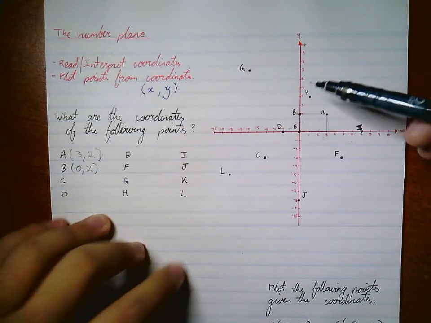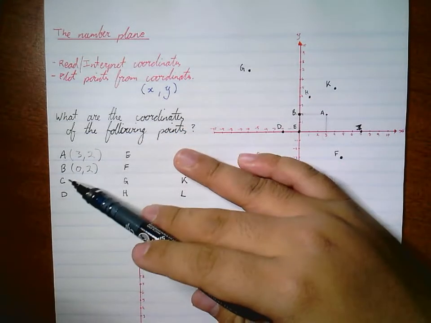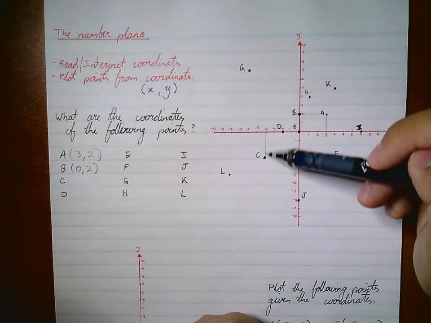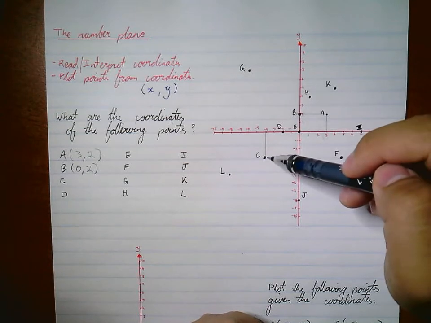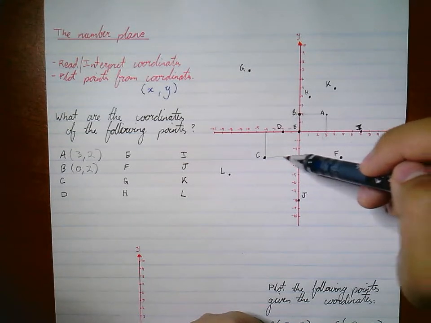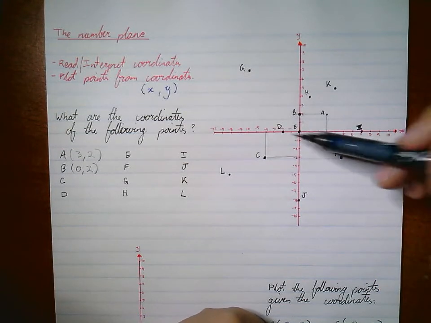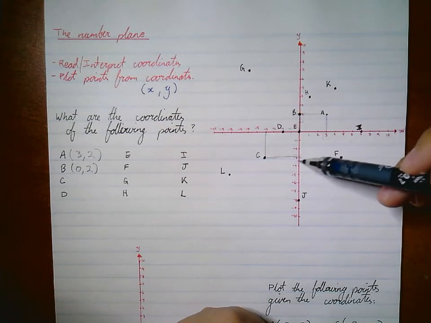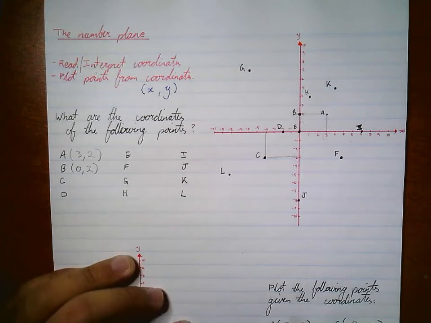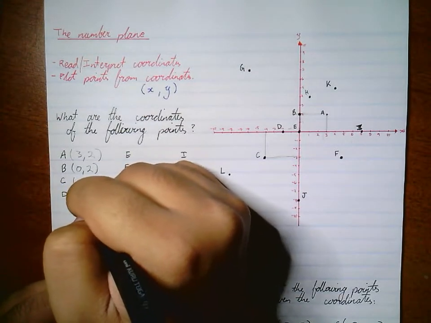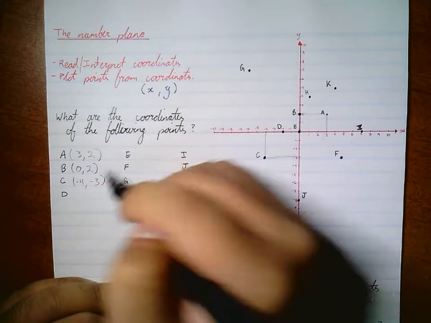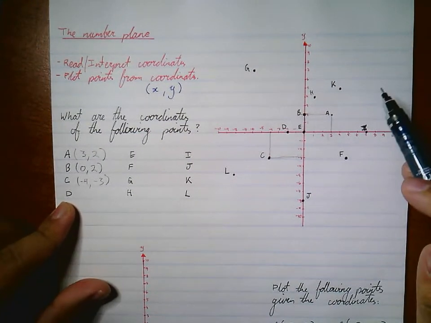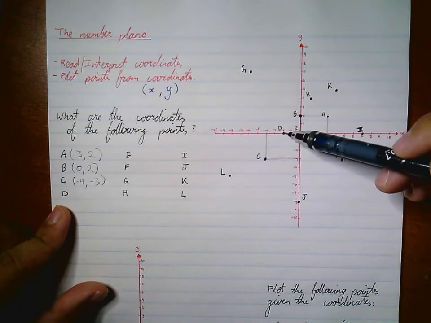So let's keep going. Point C, here it is. It's not quite perfect, but we want the closest value we can see. So point C is -4, -3. I'll just do this last one before I go straight in on my own.